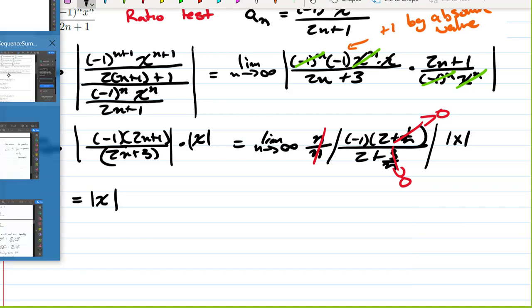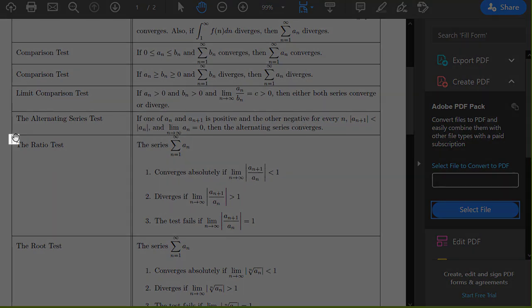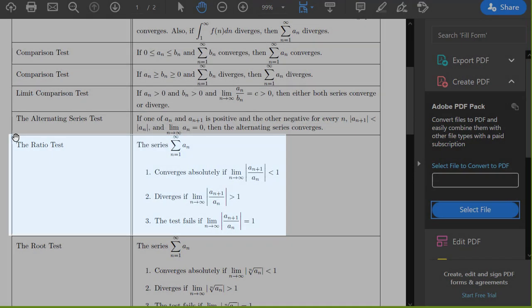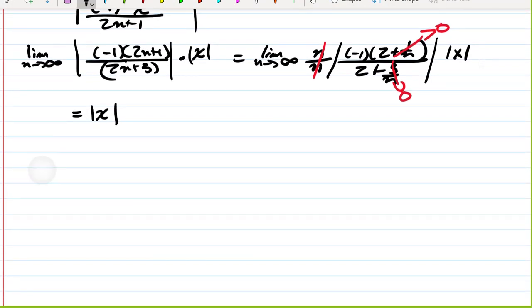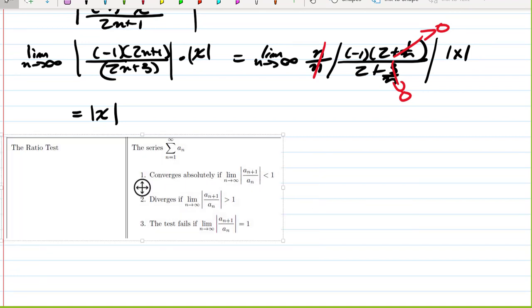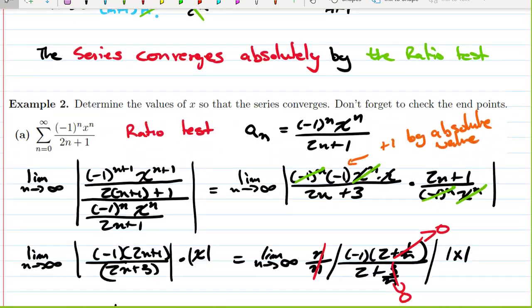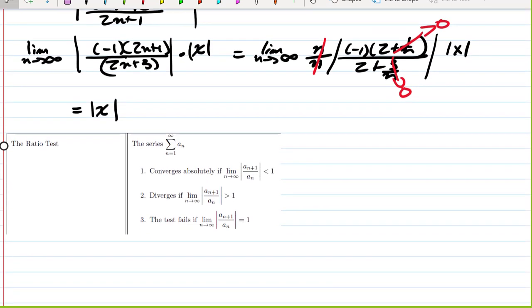But if we go back and look at our ratio test, which is what we were using, we were asked to determine for what values of x does this series converge. Well, by the ratio test, this series converges if this limit in absolute value is less than 1.